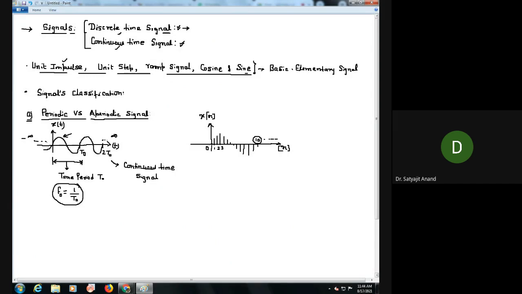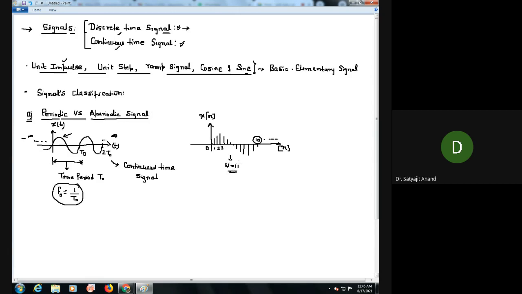Here I say how many samples. You consider 1, 2, 3, 4, 5, 6, 7, 8, 9, 10, 11. Means if you have 0 to 10, the number of samples would be 11.